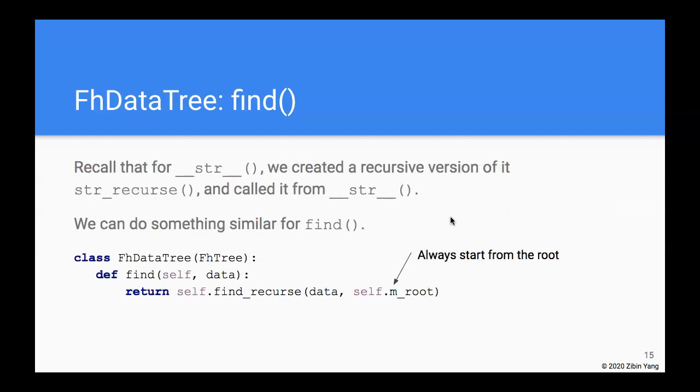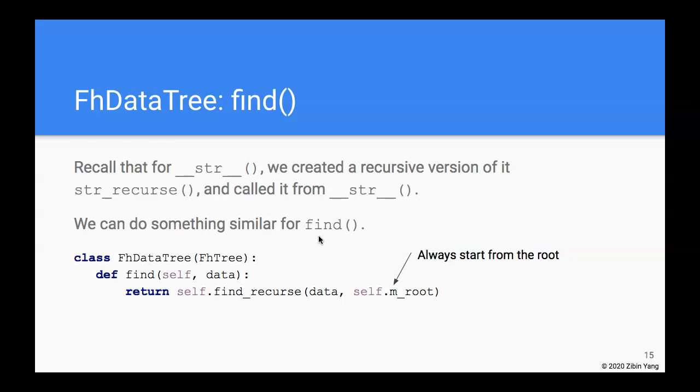So remember that in the dunder string method, we created a recursive version of the string. We call it the string recurse, and we call that string recurse from the dunder string, but we bootstrapped the first call to the recursive version with the root node.